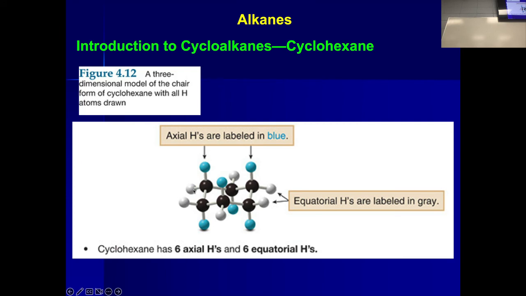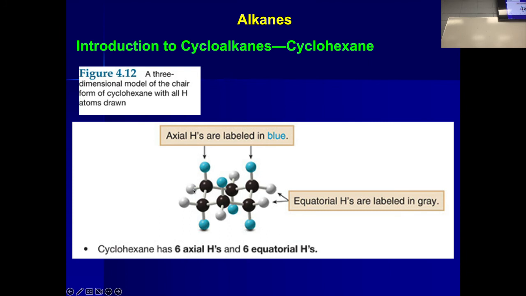Those that are red, we call axial. Notice I've got an axis that runs through here that this could rotate around, like the axis of the Earth. And these are all parallel to it. So we call them axial hydrogens. Just like the Earth has an axis, it also has a circumference, but we call that the equator, right?